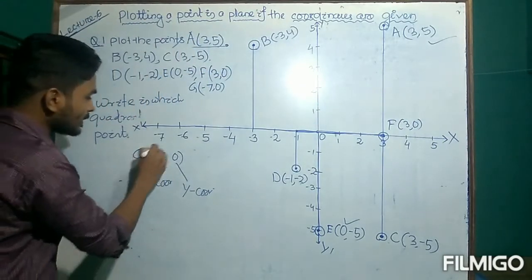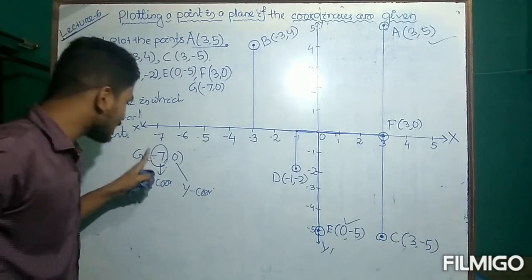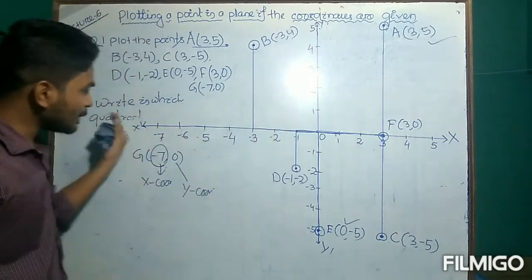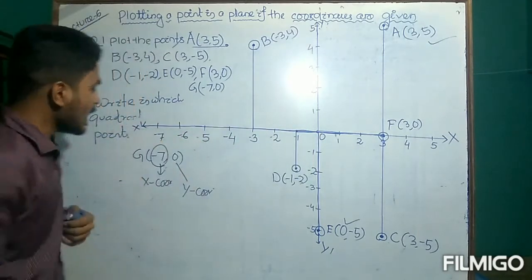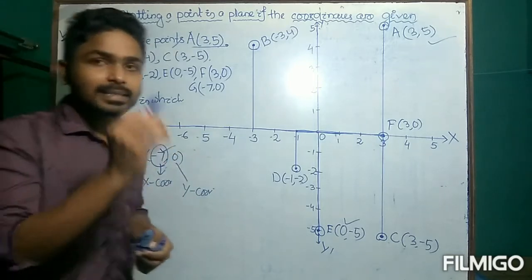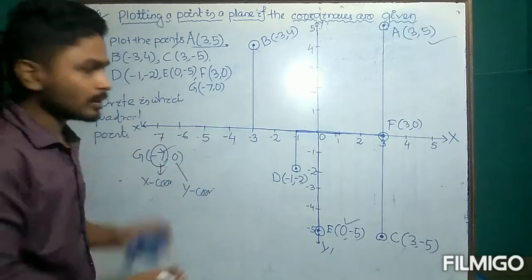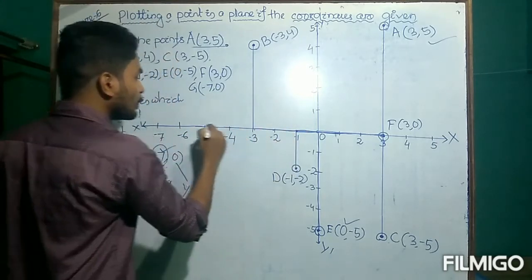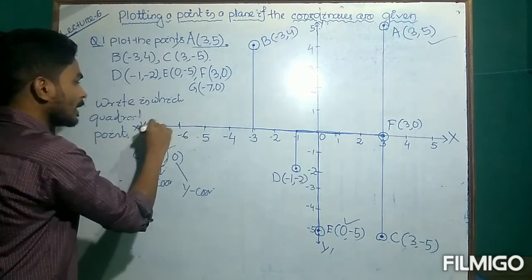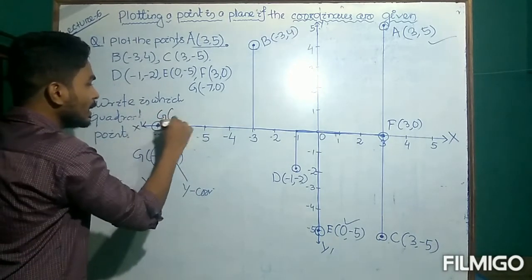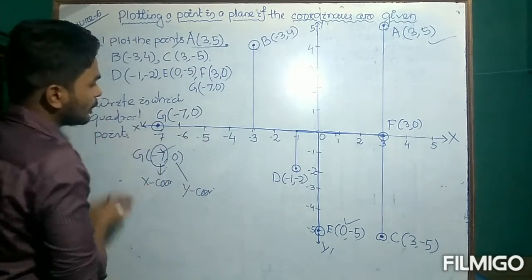For this you have to look at the x coordinate. Since the x coordinate has a negative sign, it is towards the left hand side, or the negative direction of the x-axis, and we have to cover 7 units in the negative direction. Okay. 1, 2, 3, 4, 5, 6, 7, and here you are. And this point denotes G (-7, 0).